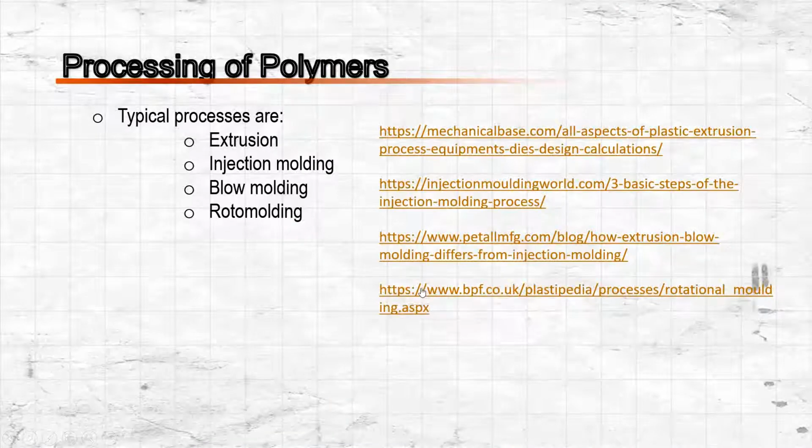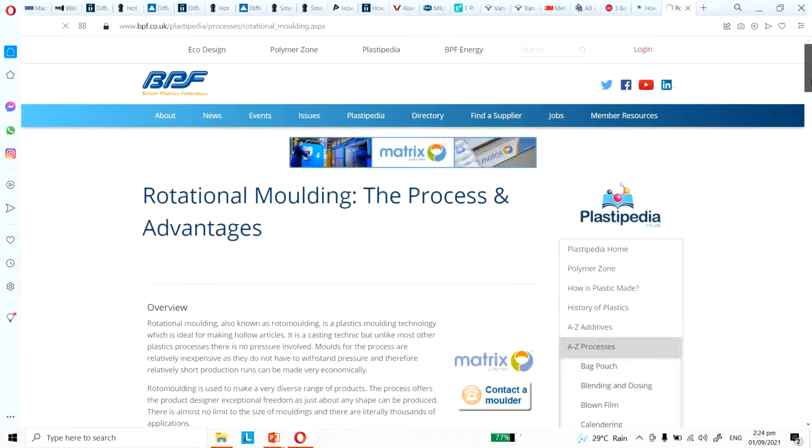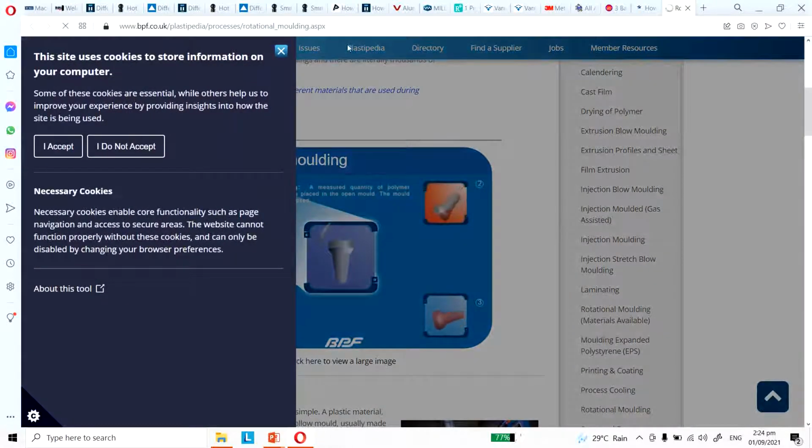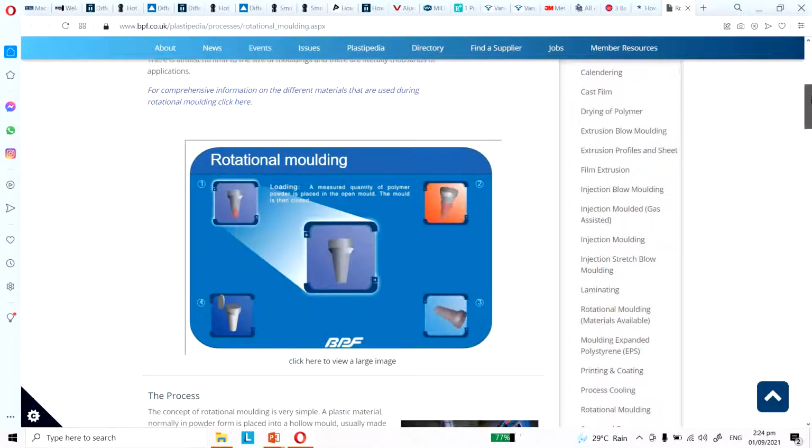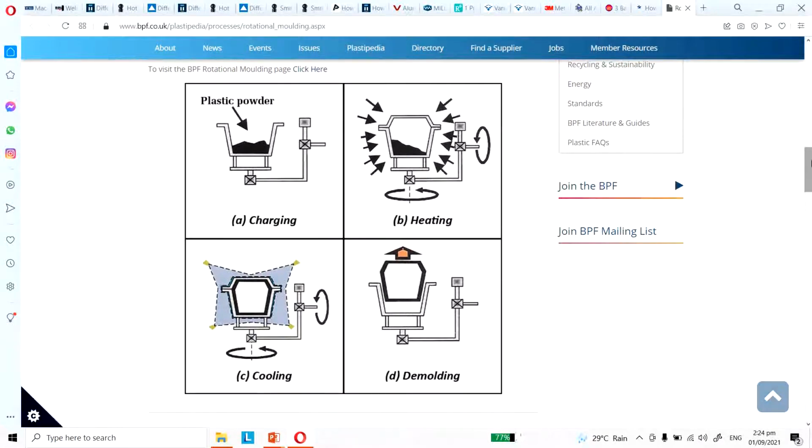Okay, and lastly, the rotomolding process. Here is an illustration for the rotomolding process. It's basically a container that's rotating.